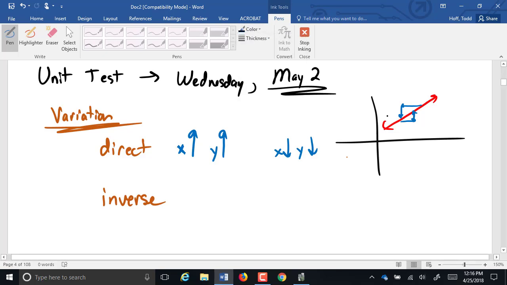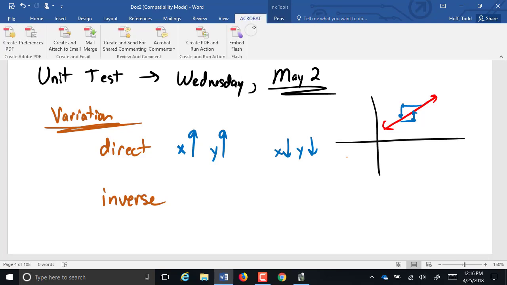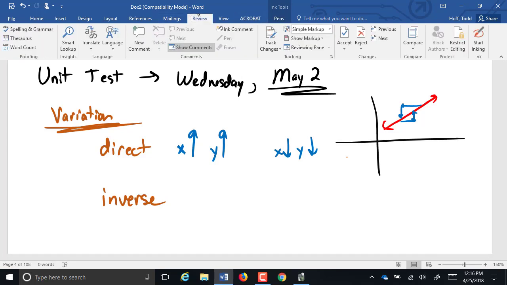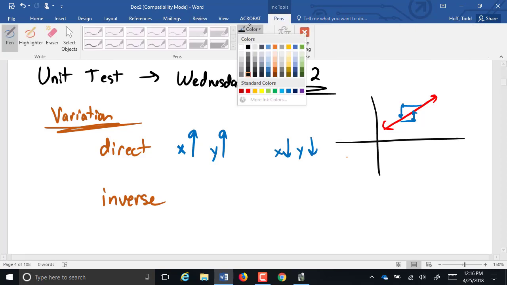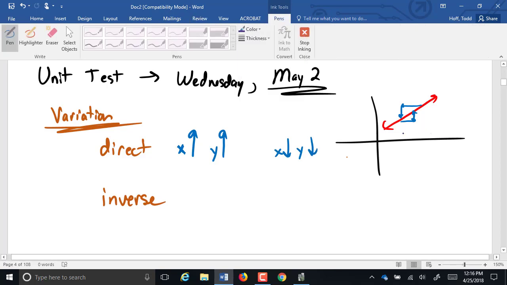It could be a parabola or an exponential curve or whatever. But you can still see there, those x values get bigger, y values get bigger. We'll look at the mathematical relationships there on Friday.